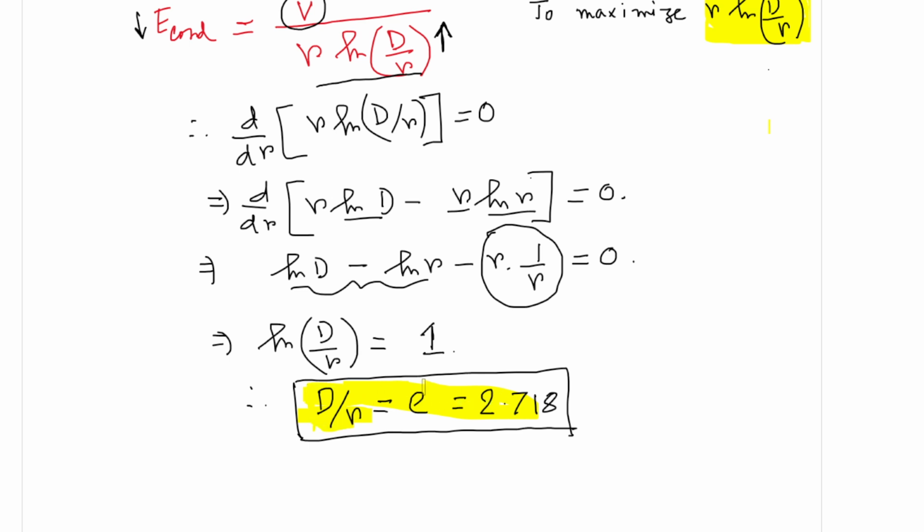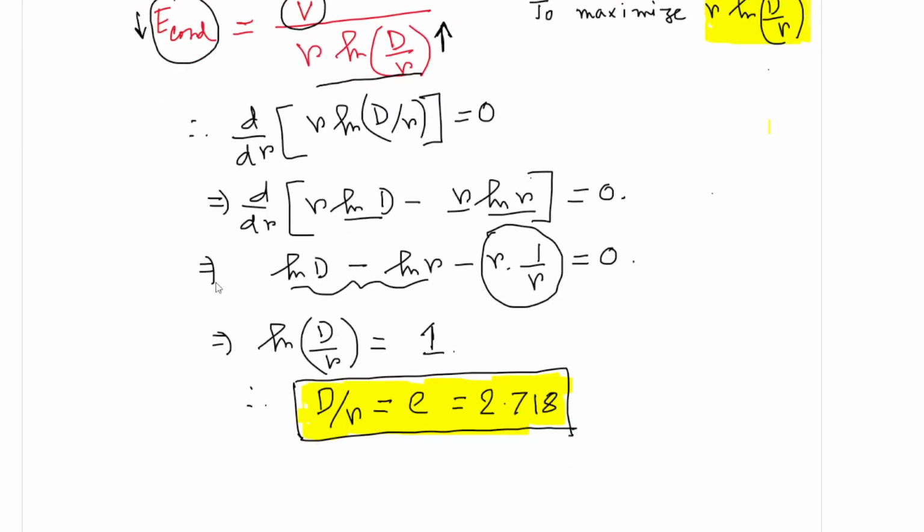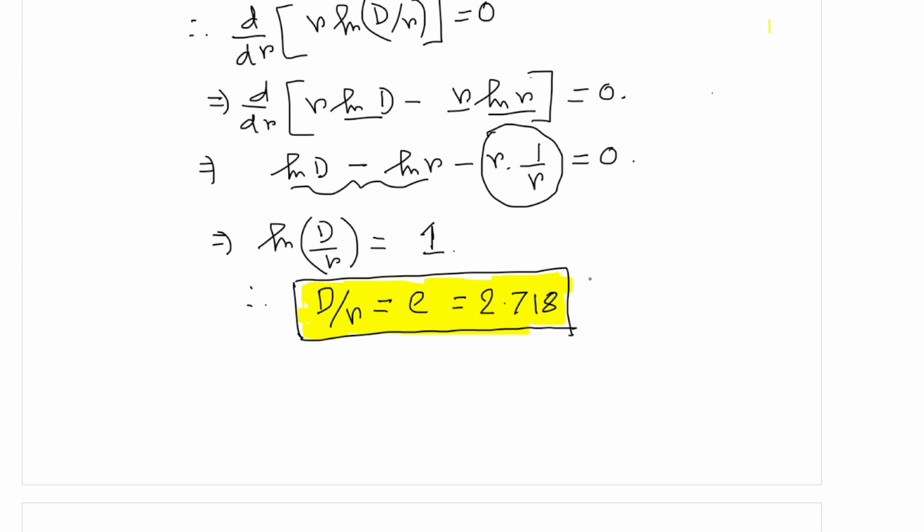What does it mean? It says that if the ratio between D and r is maintained at 2.718, then our electric stress on the conductor surface will always be minimum, and this condition is called the optimum cable geometry condition.